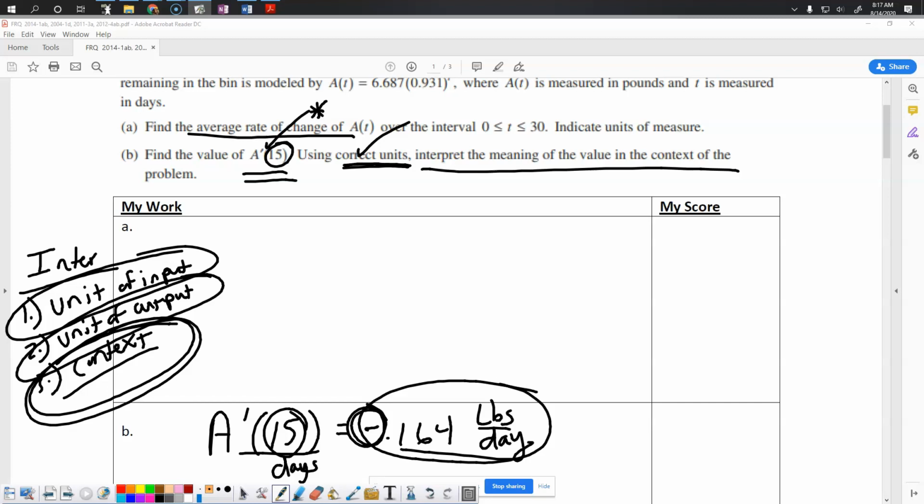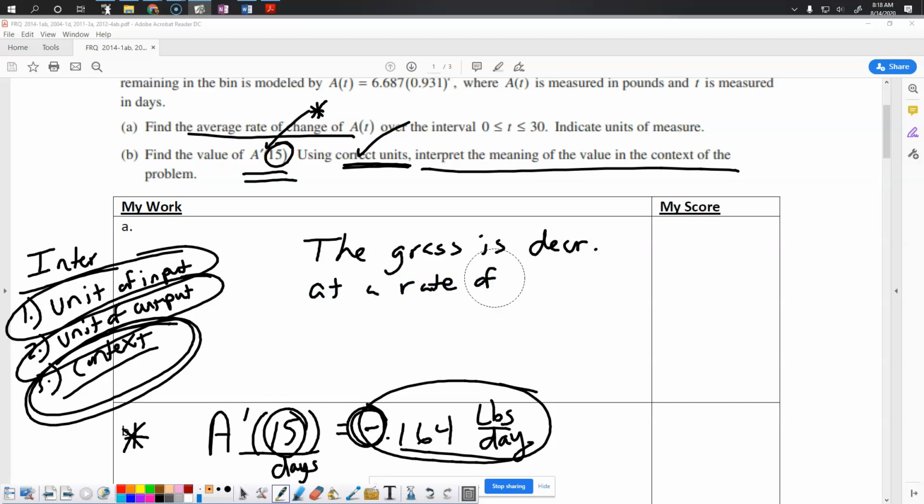I'm going to go ahead and write that out so I don't have to scroll down. I'm going to write it up here, but you guys would write it down here in box B. So the grass is decreasing at a rate of 0.164 pounds per day on day 15.